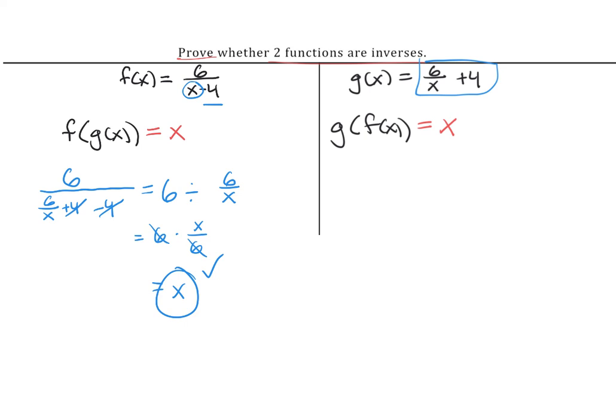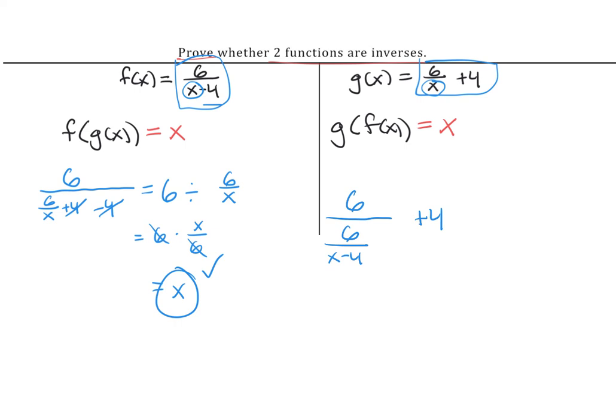Now we have to go the other way. So now I'm going to plug in the f of x into the g function. So 6 over, instead of x, it's 6 over (x minus 4), and then there's a plus 4 out here.